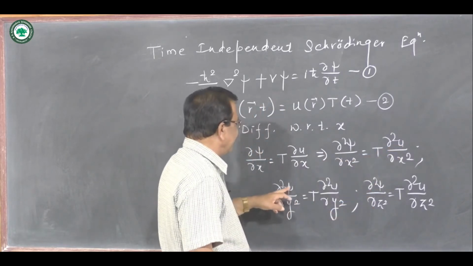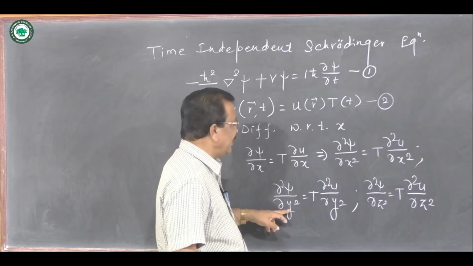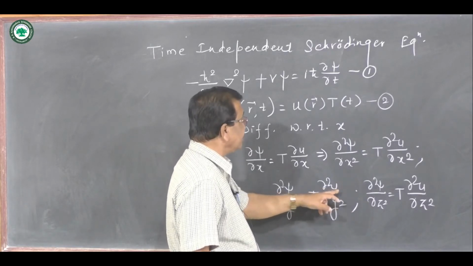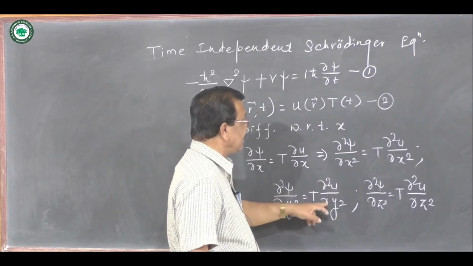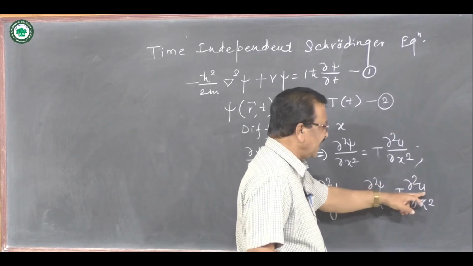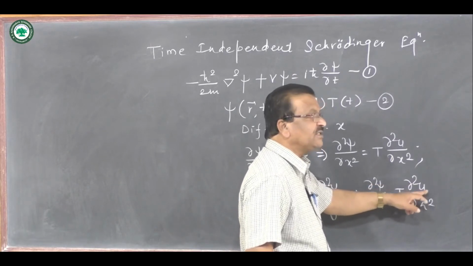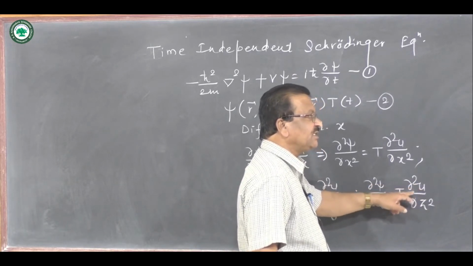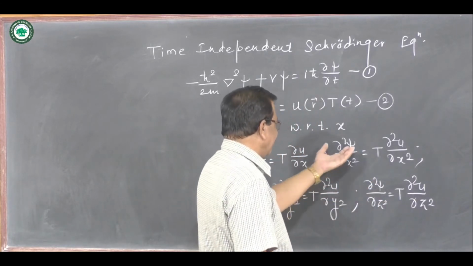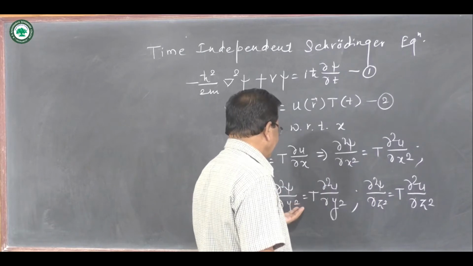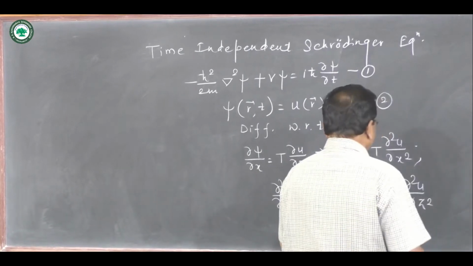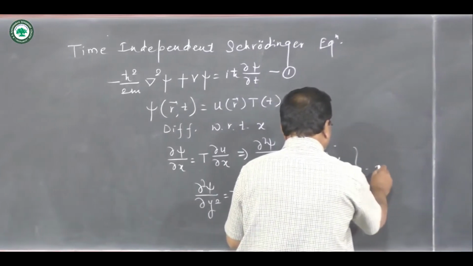Similarly, when differentiating with respect to y, I treat x and z as constant, giving dabba 2u by dabba y square. And in this equation, I treat x and y as constant and differentiate with respect to z. So these are the three terms for dabba 2 psi by dabba x square, y square and z square. This is our equation number 3.